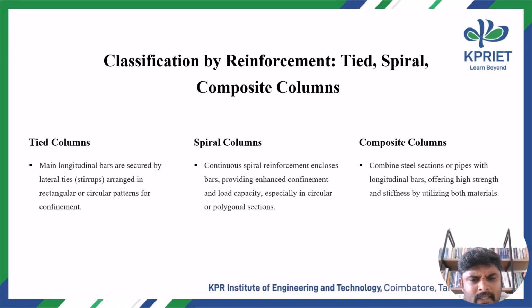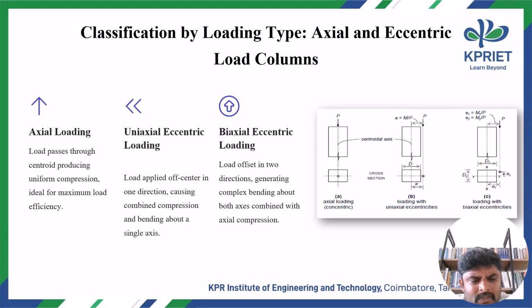And then calculation of reinforcement. You know the minimum reinforcement is 0.8% and the maximum is 6%. For dense, congested reinforcement, the percentage is limited to 4%. Based on that, you will find the reinforcement.